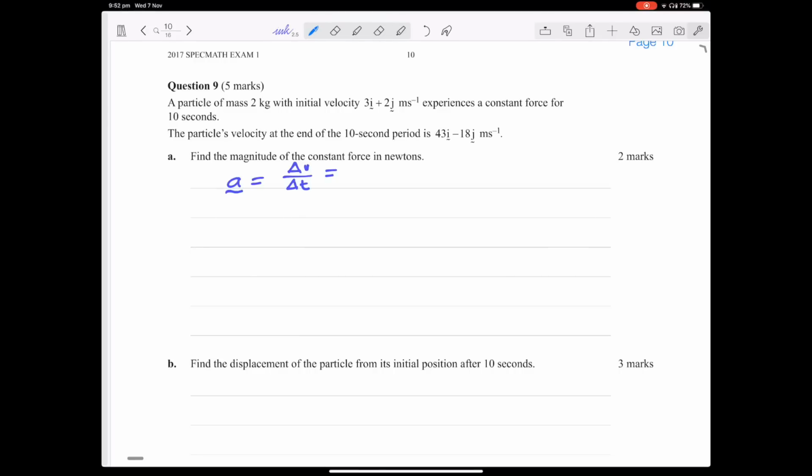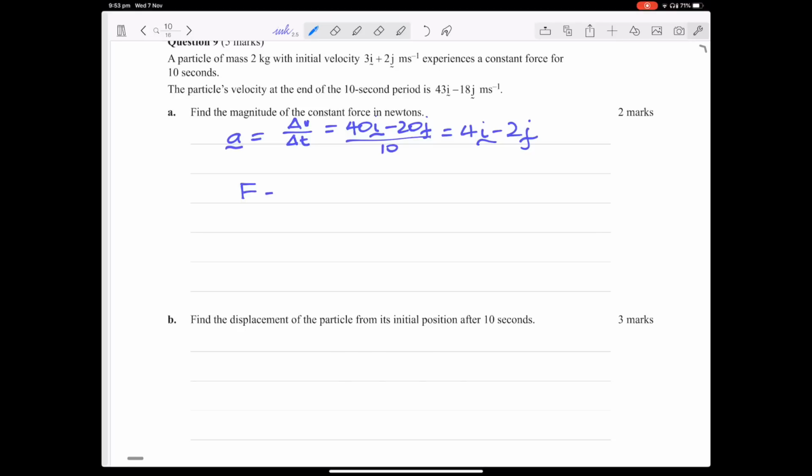Our change in velocity is 40i minus 20j, over 10 seconds. So it is 4i minus 2j.